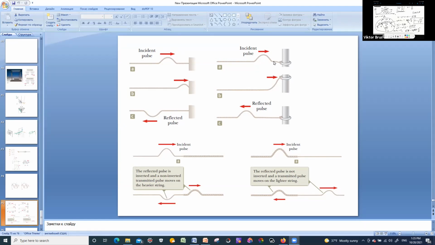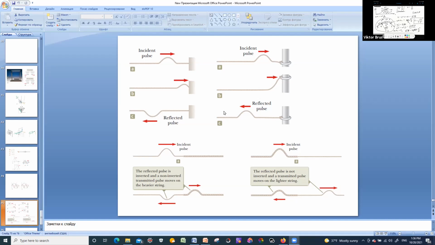So if this pulse approaches this metal ring, the edge attached to the metal ring, from left to right, then it will exert some upward force on the ring. The ring is light and it's not fixed, so it will just go upward without creating this reaction force. And then when it goes down back to the initial condition, it will generate a reflected pulse, which will move from the right to the left.